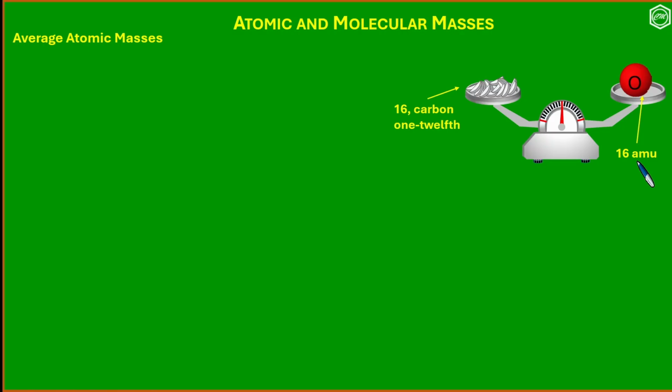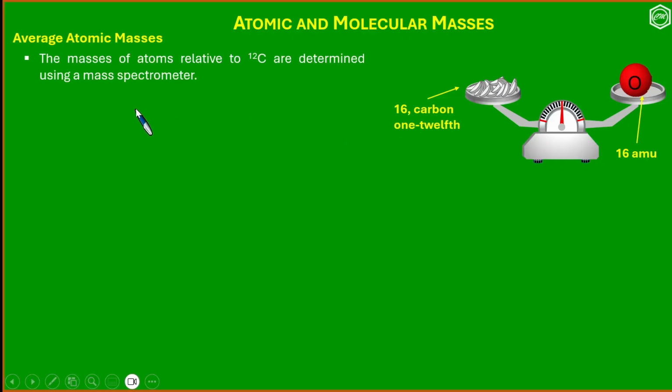If you consider relative atomic masses, an oxygen atom should be 16 times heavier than 1/12 of a carbon-12 atom. If you look at the table of atomic masses, none of the elements have whole number atomic masses. The masses of atoms relative to carbon-12 are determined using a mass spectrometer. In a table of atomic masses, the value listed for oxygen is 15.994 AMU or u.